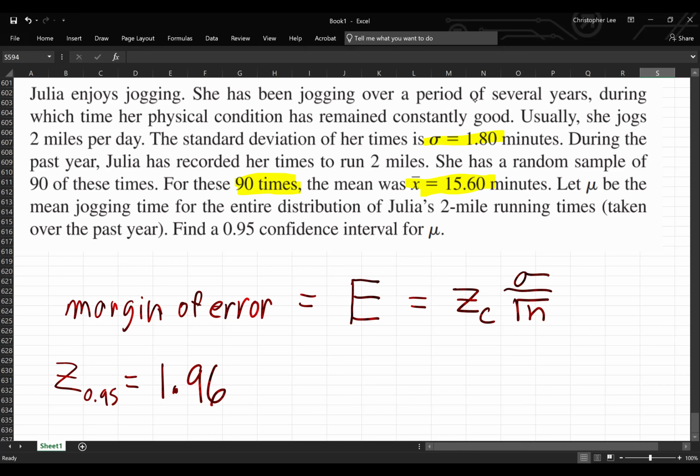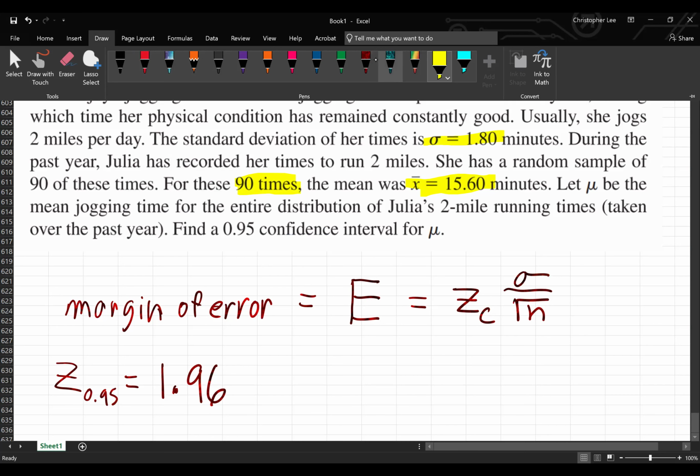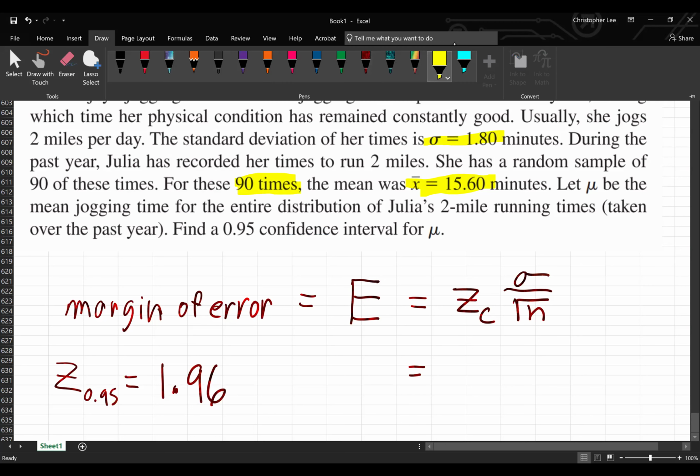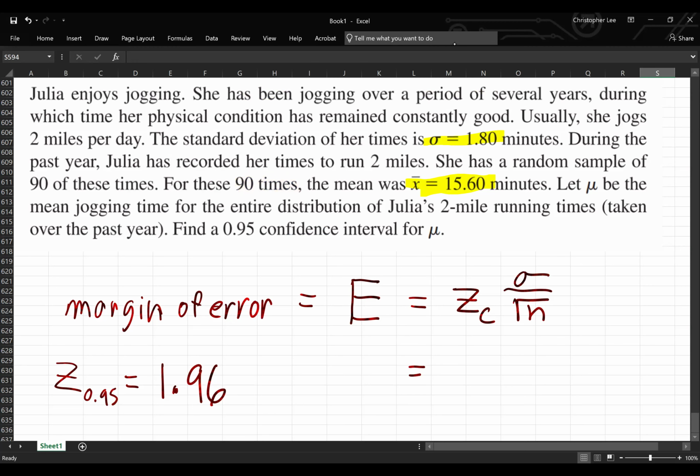So we're going to do 1.96 times 1.80 divided by the square root of N. Wait, Professor, so N is what? It's 90. Why is N 90? Because that's all the 90 times, the random sample of 90.